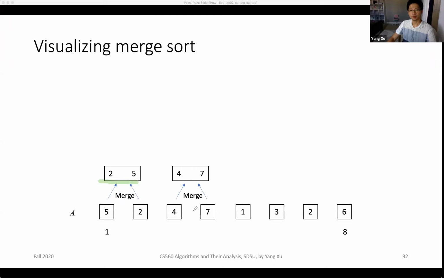And similarly, merging 4 and 7 will result in a longer sorted array with 4 and 7 in it. And merging 1 and 3 results in 1 and 3. Merging 2 and 6 results in 2 and 6. Okay, so that's the first layer of merging. And then let's consider the next layer.